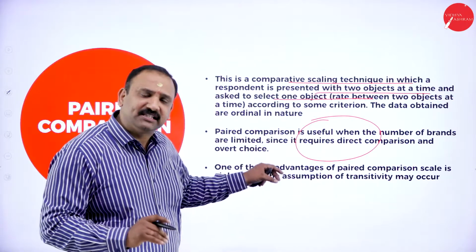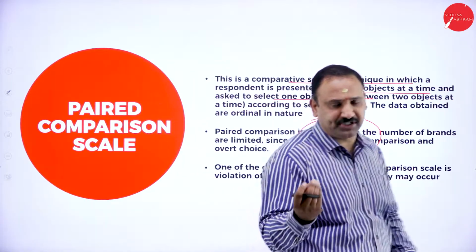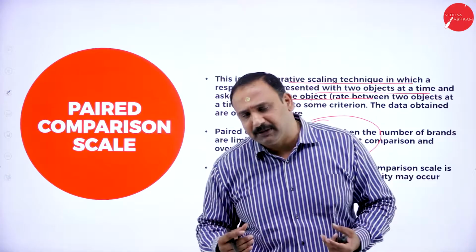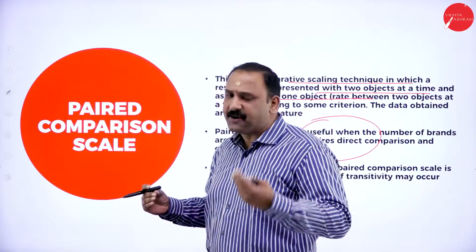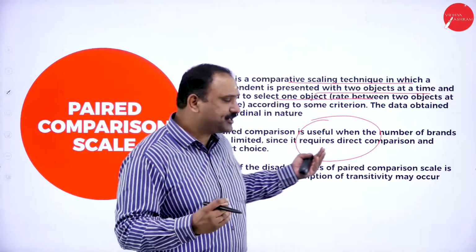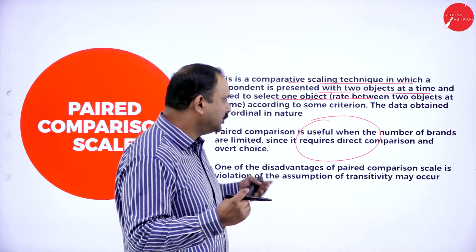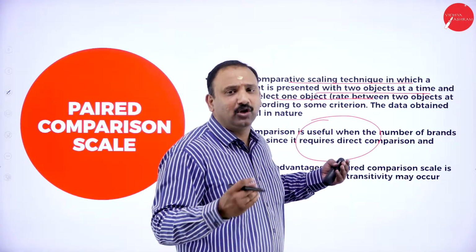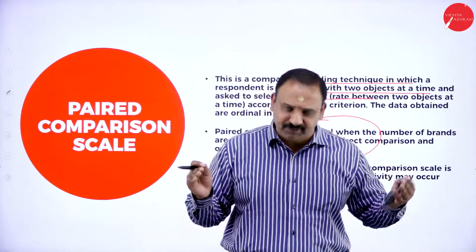Because in this the brands are limited. I'm going to talk only between Coke and Pepsi. I'm not going to use multiple brands here. So in that sense, paired comparison is always a very important tool, and that provides a lot of options in terms of making the choice between the given factors.